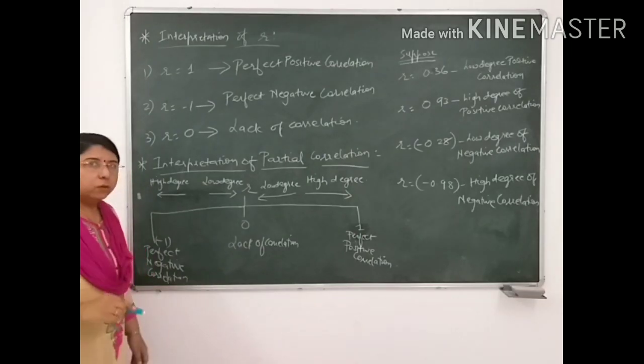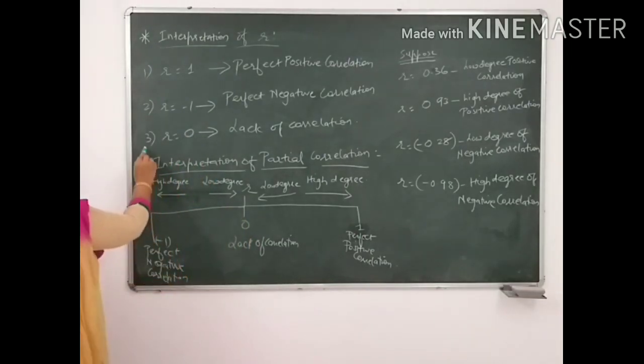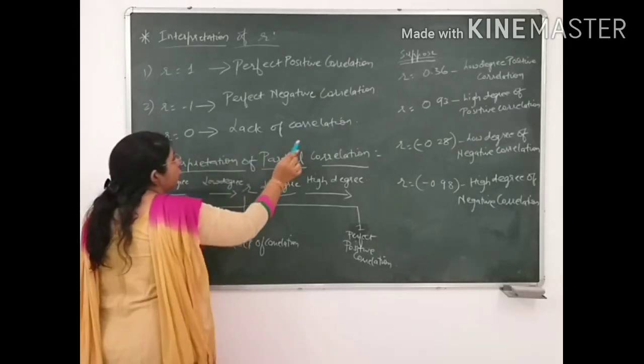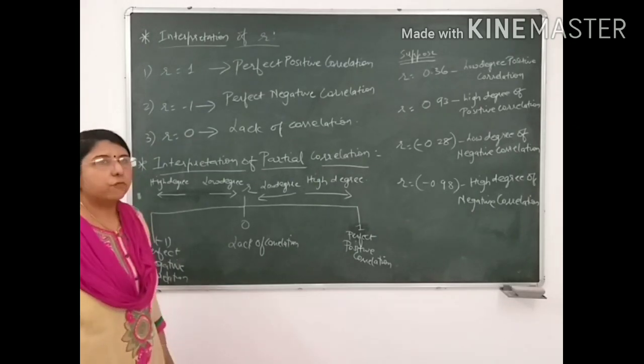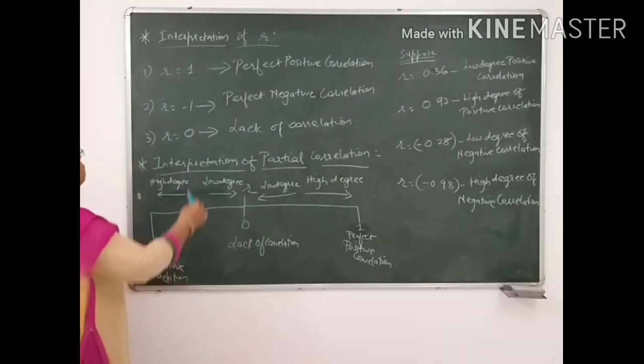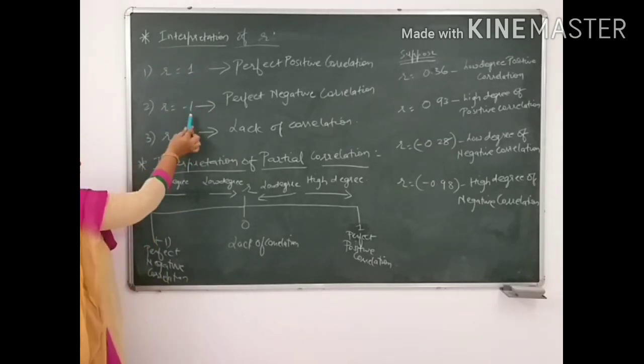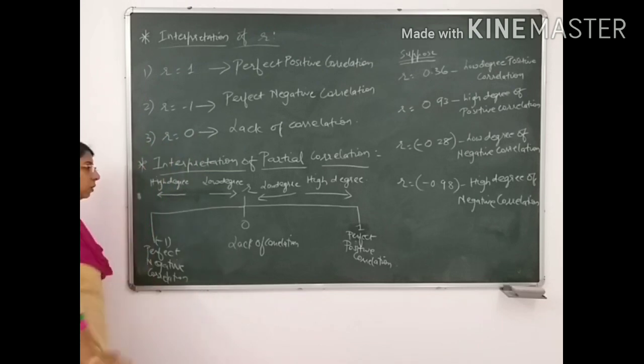We have already studied this by the scatter diagram method. Now if the value of r is 0, then it is called lack of correlation, or there is absence of correlation between the two variables x and y. So these are the three interpretations when the value of r comes to exactly 1, exactly negative 1, or 0.